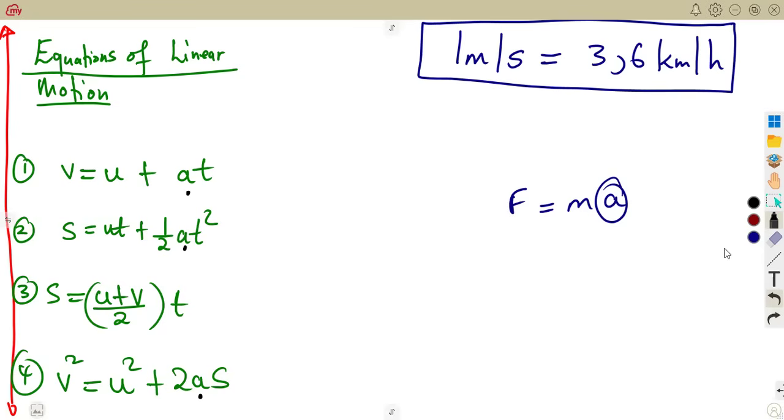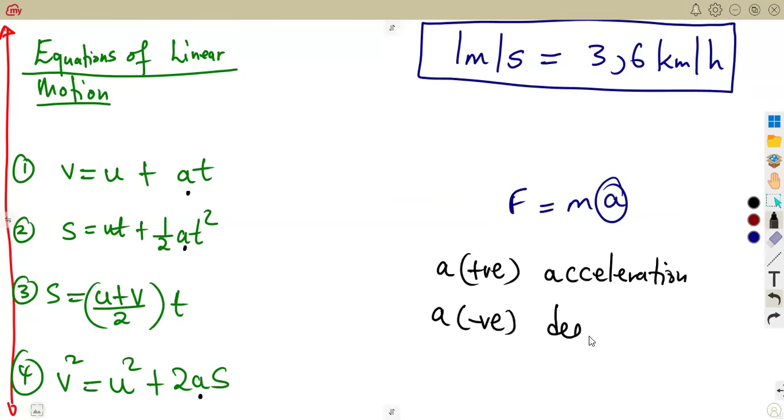So it depends on the question. If the acceleration is positive, a positive value for A, it means that's an acceleration. If your A is negative, guys, it means there is a deceleration.